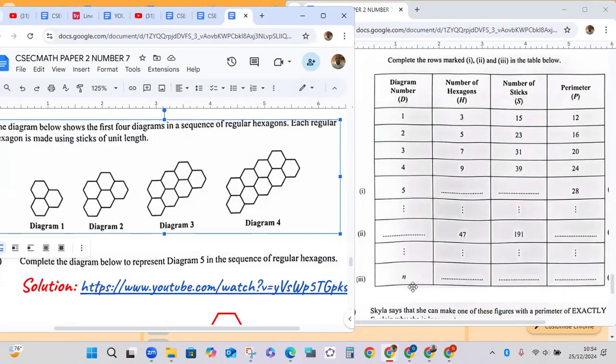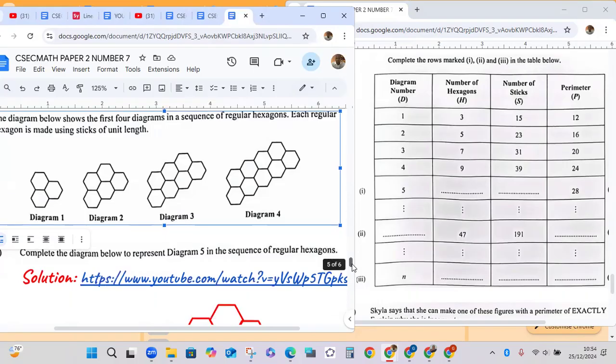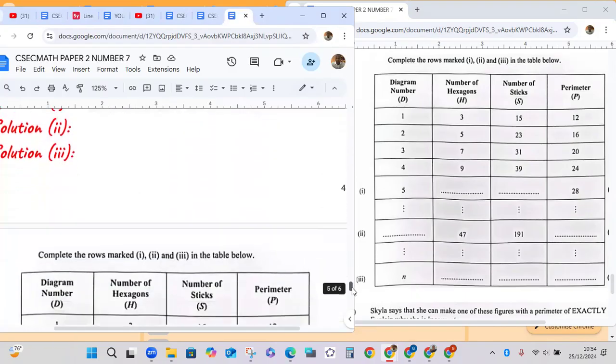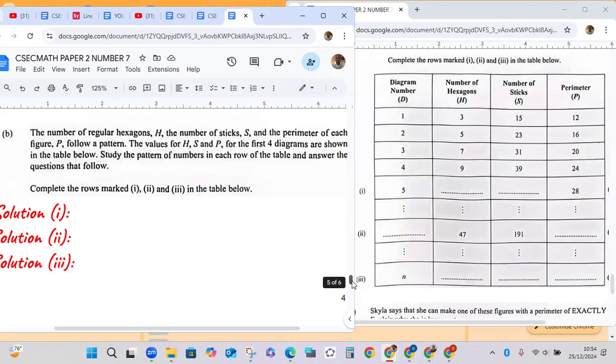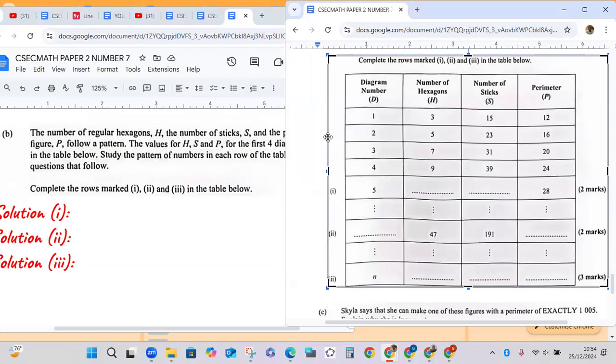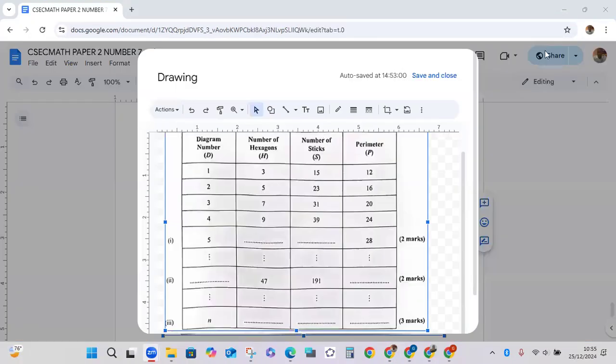So then you can jump the gun a little bit and go to part 3 and deduce the formula for n. All right, part 3. It's asking for the formula for n for number of hexagons.